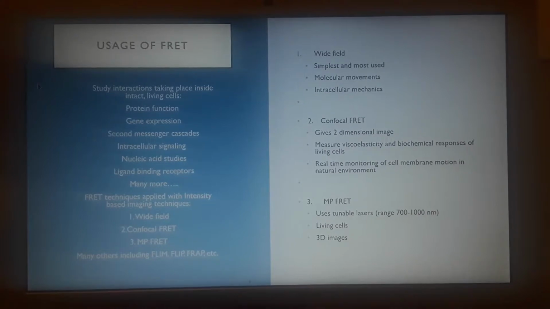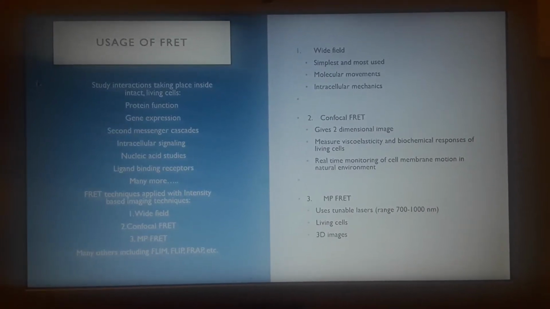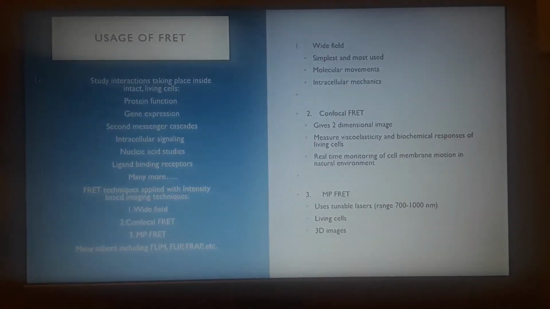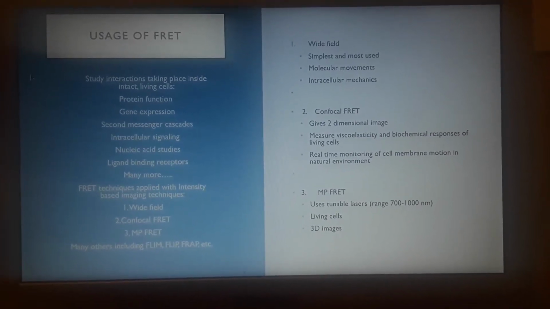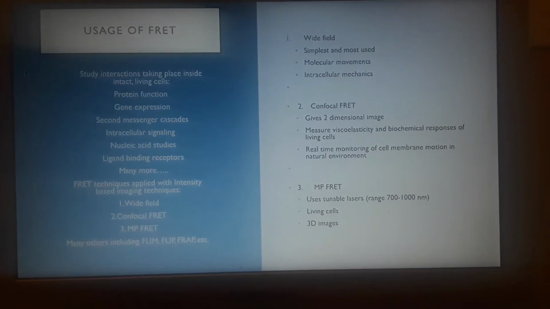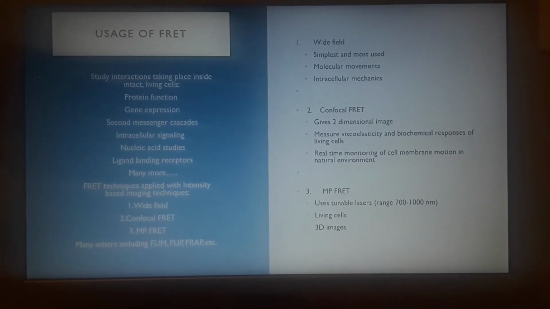In MP FRET microscopy, specimens are illuminated with a wavelength of light such that excitation of the fluorescent dye requires the simultaneous absorption of two or more photons.